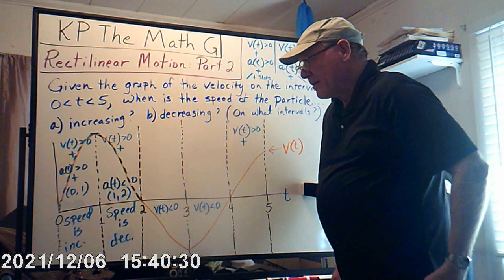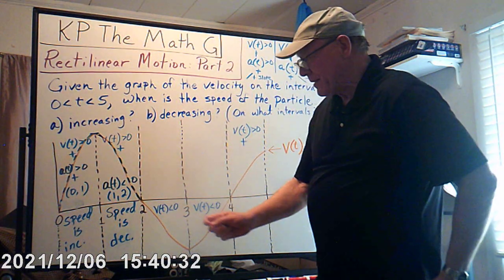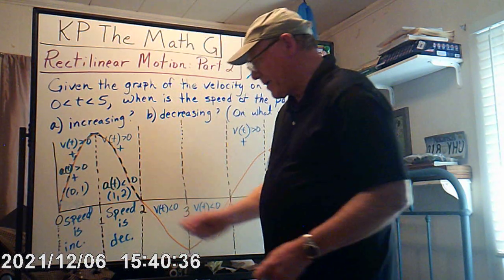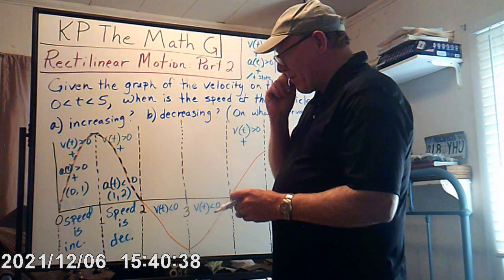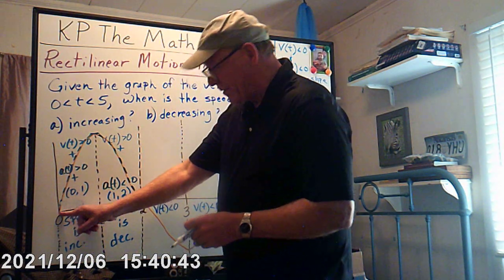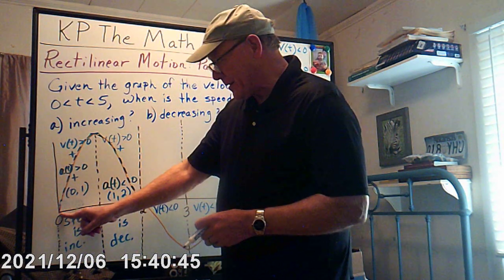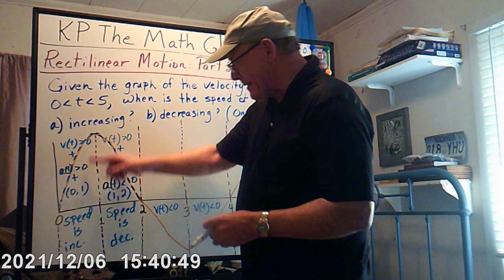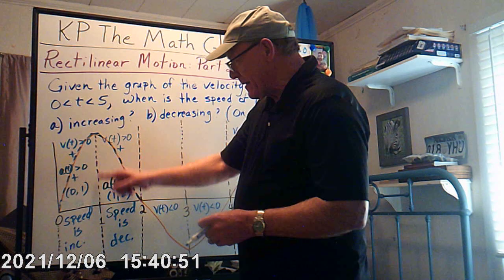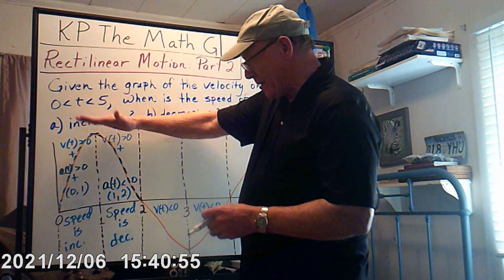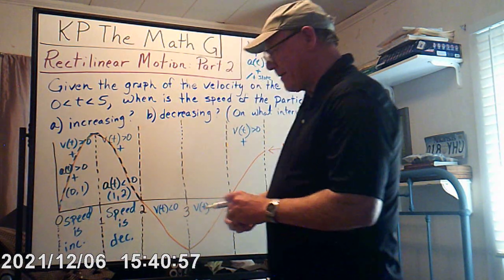Speed is decreasing between, let's put the interval down, 1 and 2. The reason we put open parentheses here and here is because the velocity is 0 in the first place here, and the acceleration is at 0. That slope is 0 at 1, isn't it?